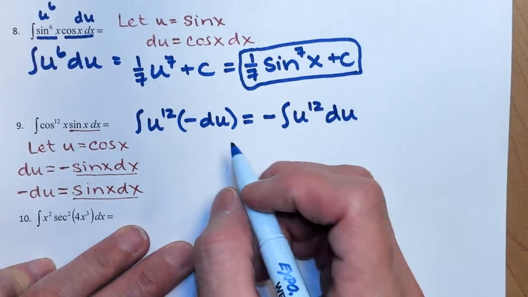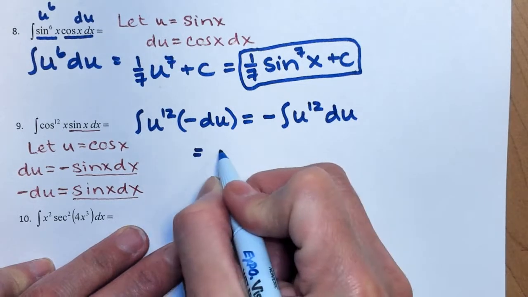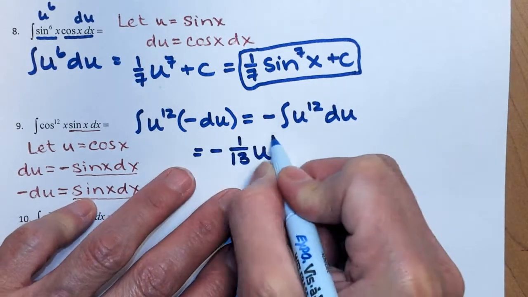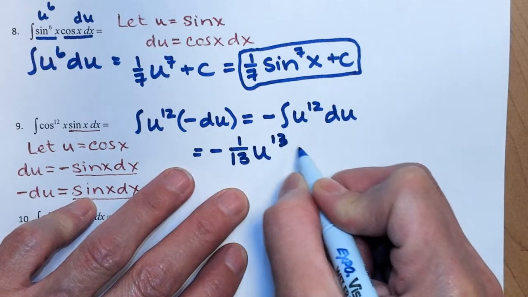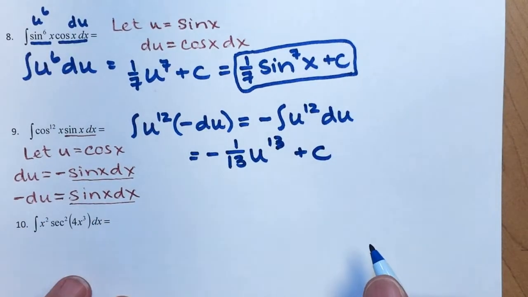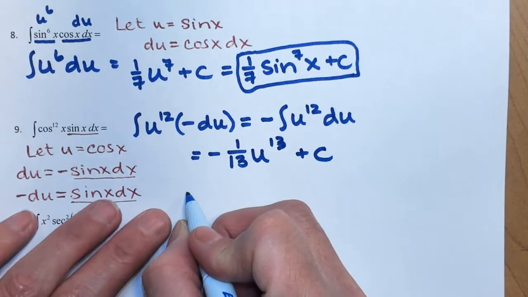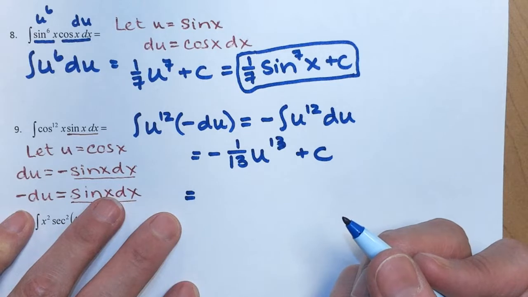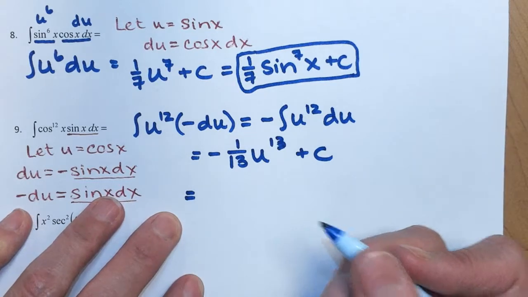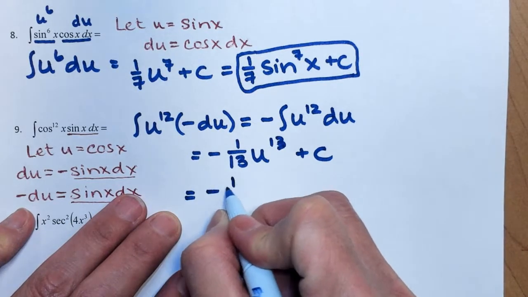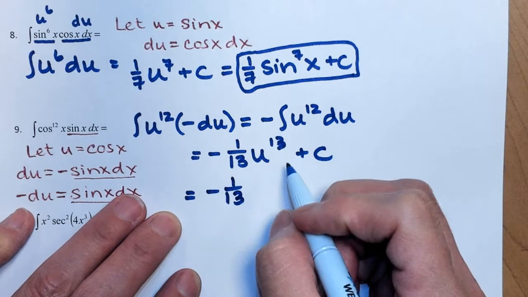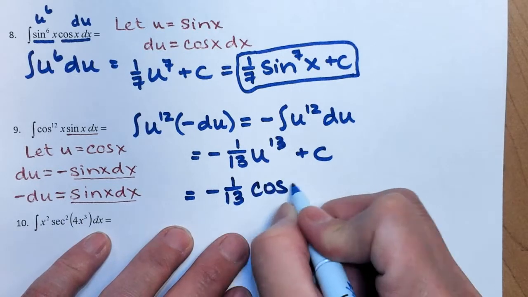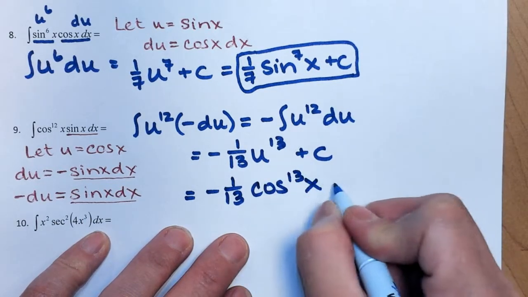And that integrates to negative 1/13 u to the 13th plus c. And then, of course, my last step is put your original variable of integration back into the problem. So negative 1/13, u is cosine x. Cosine x to the 13th plus c.